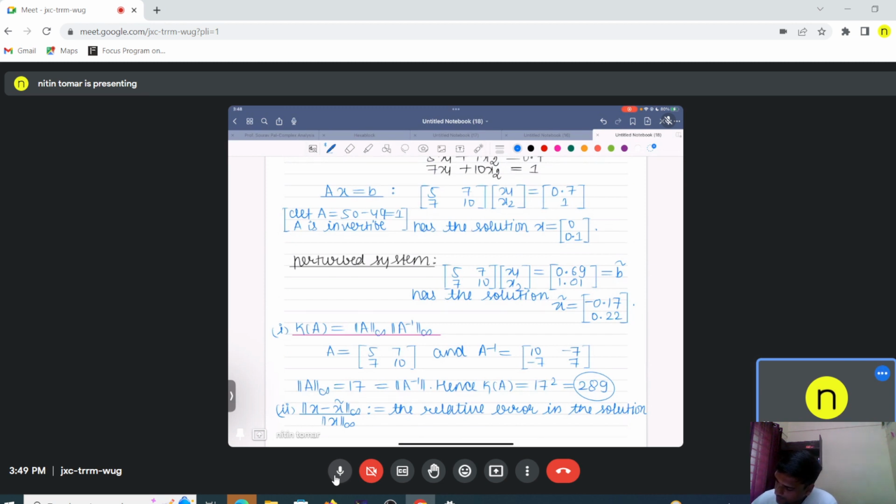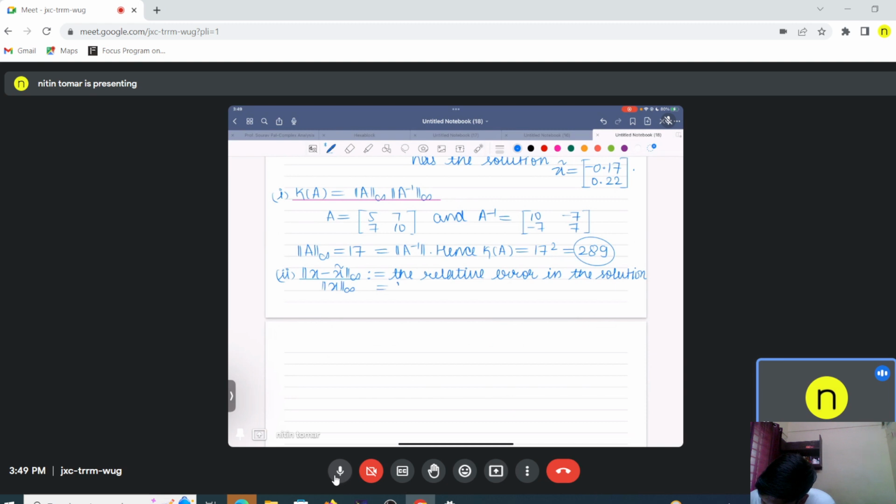I have computed already, so it will turn out to be 1.7, and the third quantity is the relative error in the right hand side vector, and if you compute it, it will be 0.01.